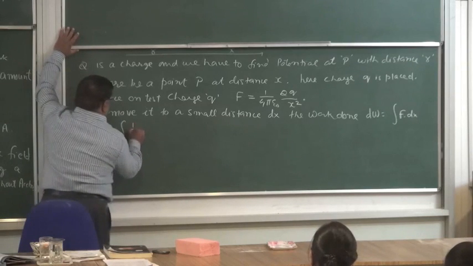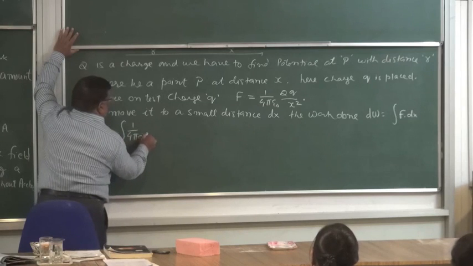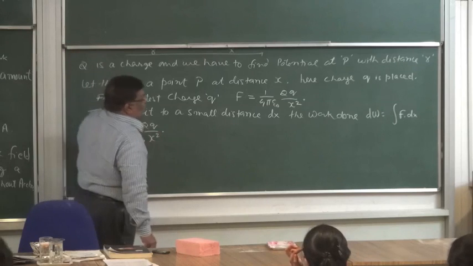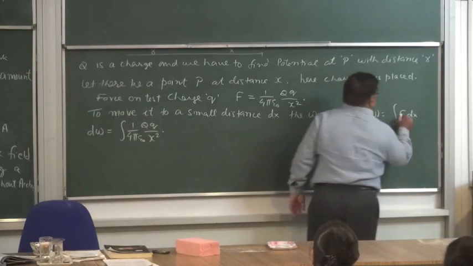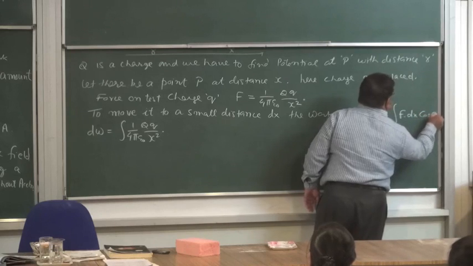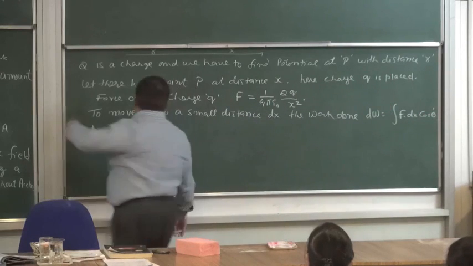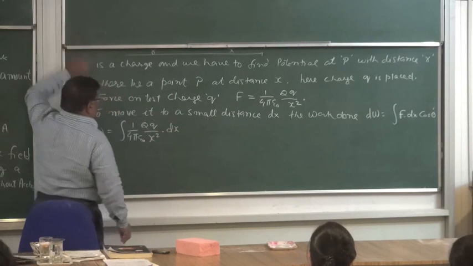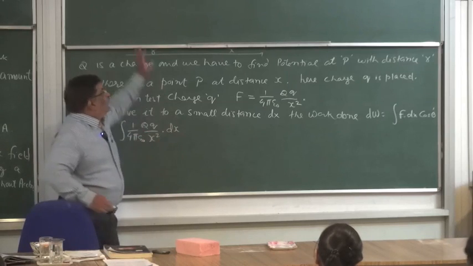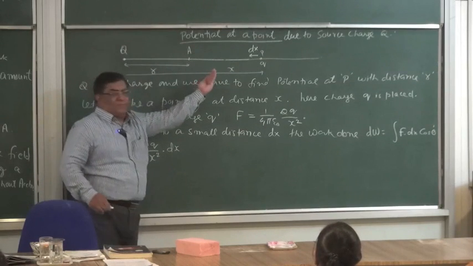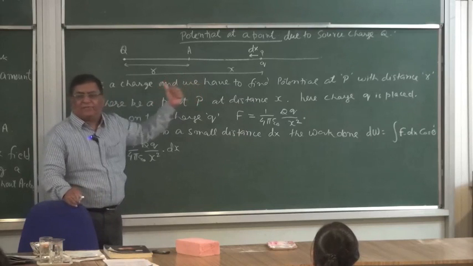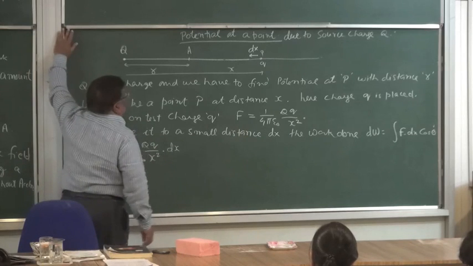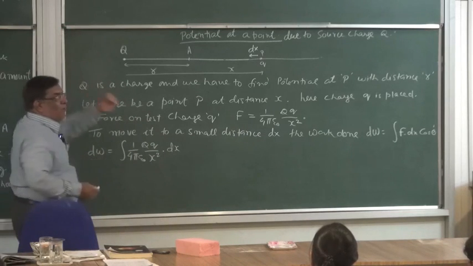How much is F? 1 upon 4 pi epsilon naught q upon x square, and dx, F dx cos theta. Okay, we are applying force in this direction and dx is also in this direction. ठीक है? Okay, so this is a small work done by us.